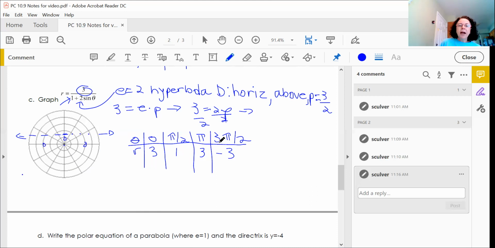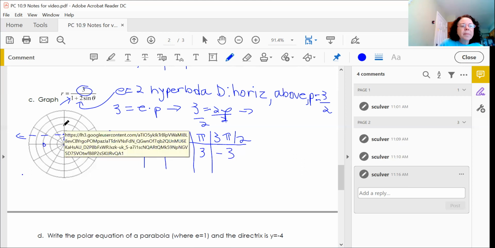And then 3 pi over 2, this is interesting. We have a radius of -3. So we're going to rotate 3 pi over 2, but rather than go out 3 for the radii, we will go in the opposite direction, as you remember, graphing polar points. 1, 2, and 3.